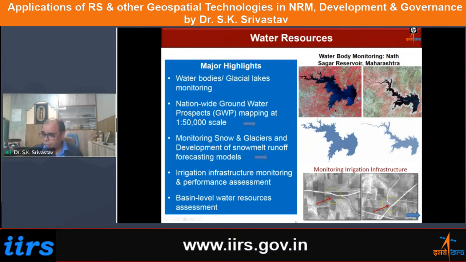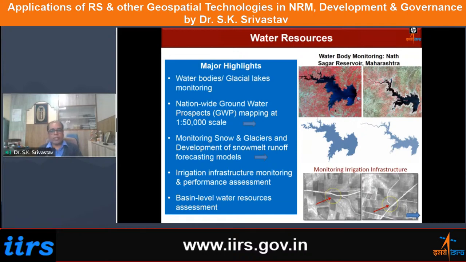And then the basin wise water resource assessment. Of course, you cannot directly estimate how much water will be available in the entire river basin, but what is basically done is to derive the inputs which are required for the hydrological models. Many of the inputs, whether you talk about the digital elevation models, or the slopes of the study area, or the land use land cover change and how they are changing with respect to time, or the soil maps and so on.